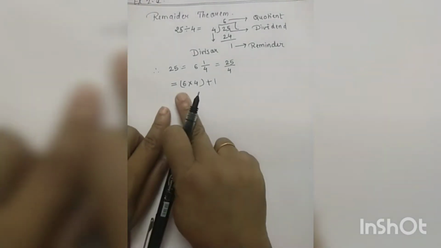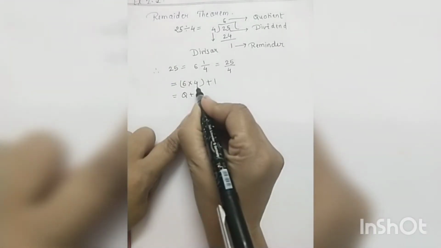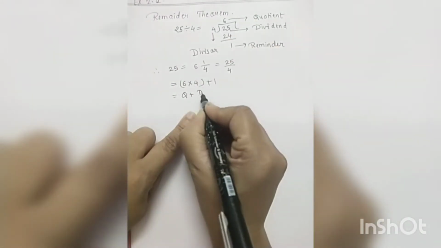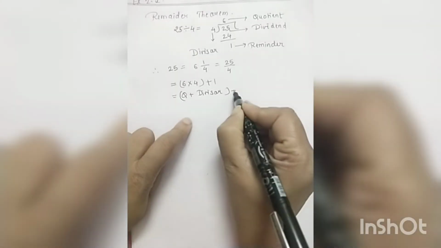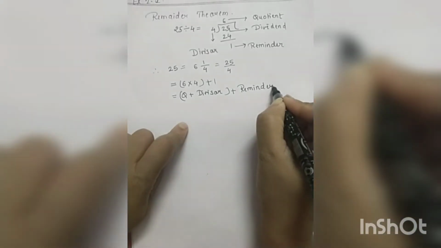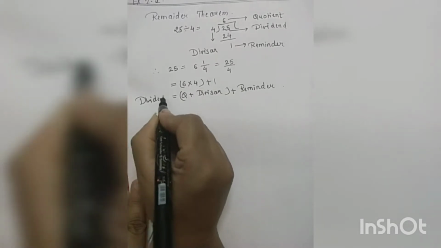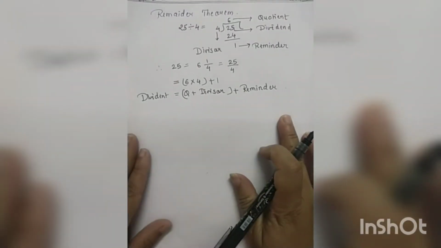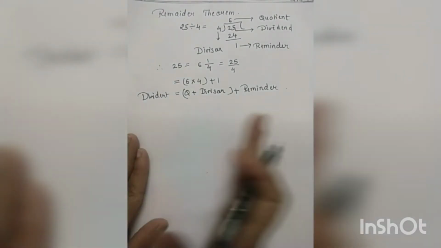What is 6? 6 is the quotient. What is 4? 4 is the divisor. If we multiply them and add the remainder, we get the dividend. So we have been using this formula from standard 3 till now.